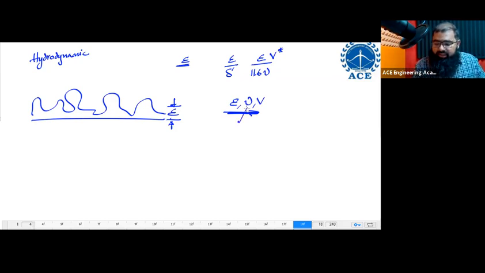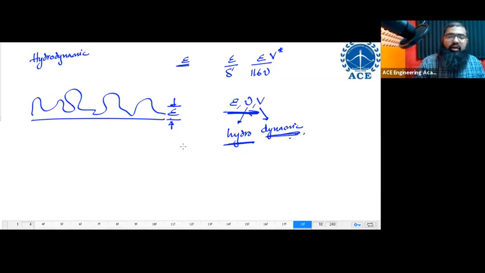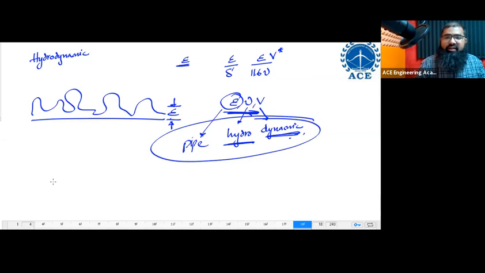Now tell me, this is a property of what? Fluid. Hydro. This over here is dynamic. So fluid property and motion property both are required over here, along with pipe property. All three things are required to decide whether it is a smooth surface or rough surface. Otherwise you cannot decide this at all.